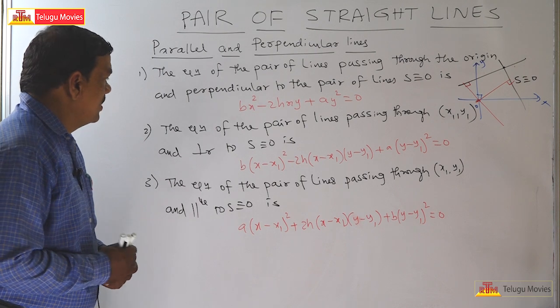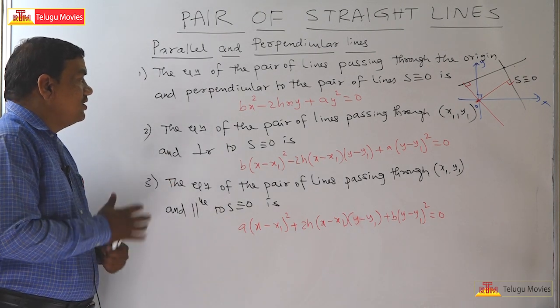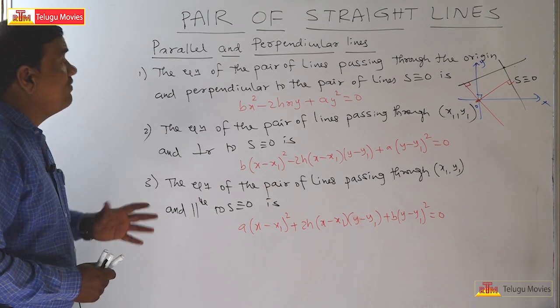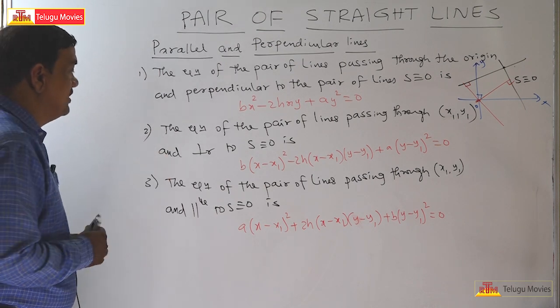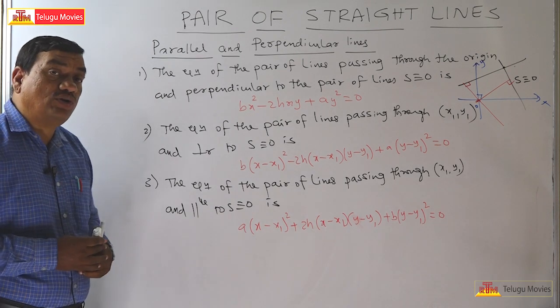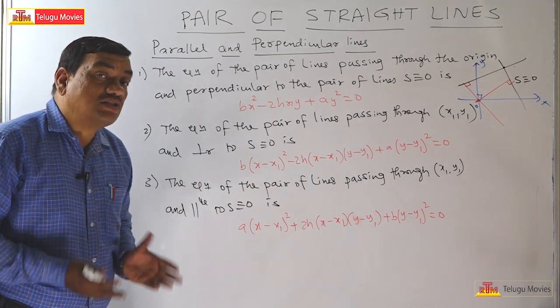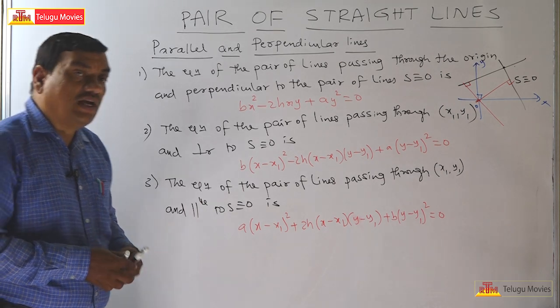Coming to the second point, the equation of the pair of lines passing through x1, y1 and perpendicular to S is equal to 0. Here the pair of lines do not pass through the origin.